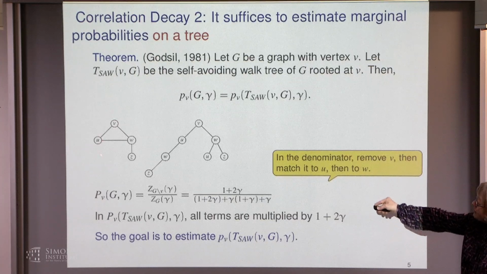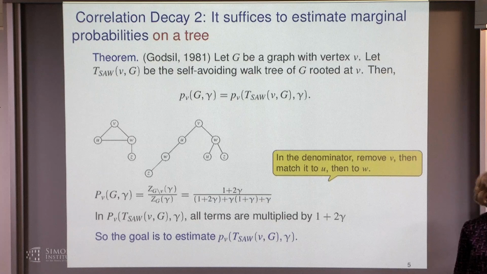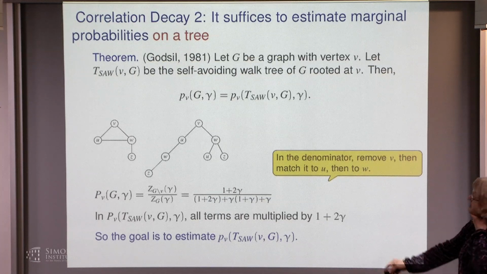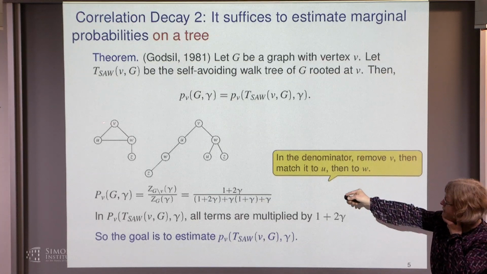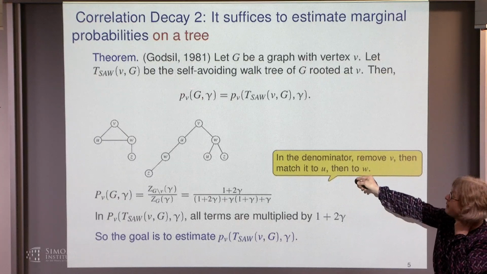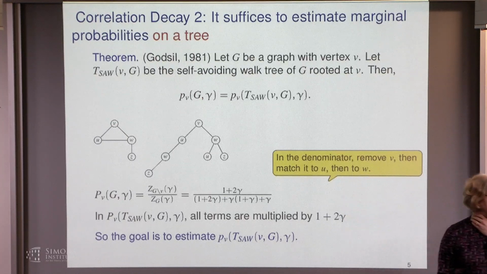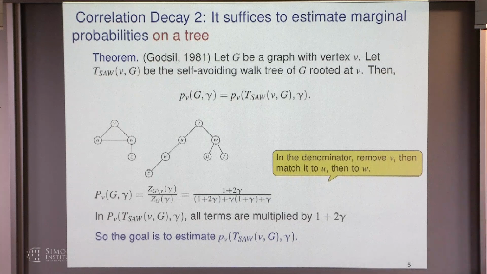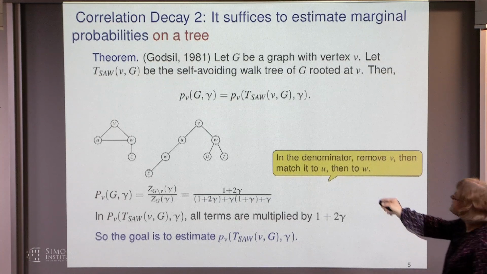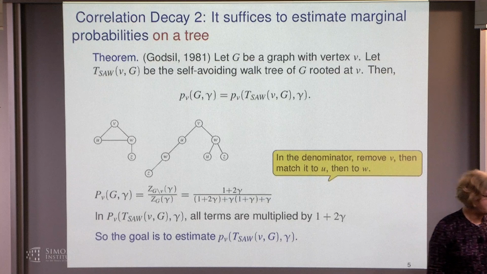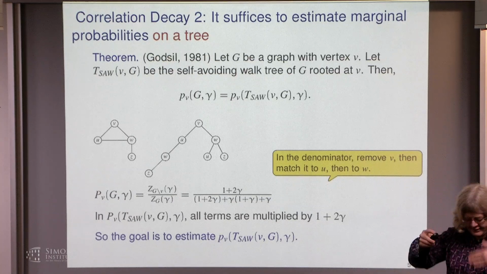What he showed is that if you take a graph, like maybe that one, and you want to calculate this marginal, the probability that v is out, then it's formally the same.